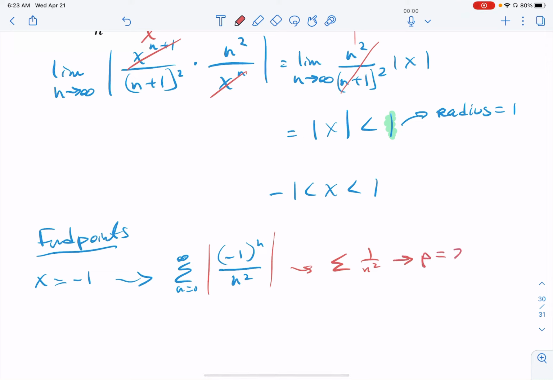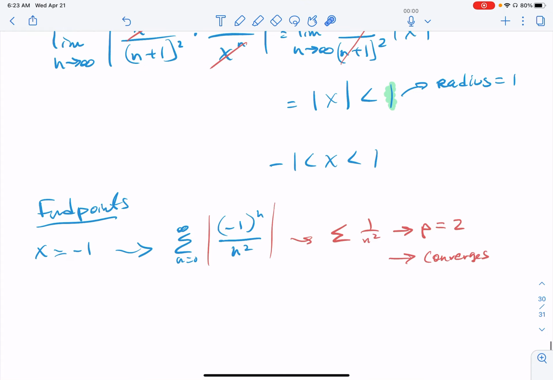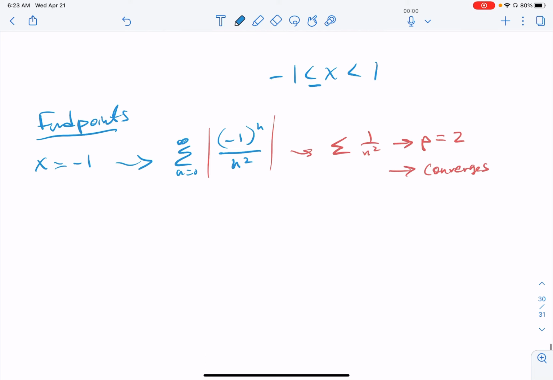P is equal to 2, so this thing converges. And it actually converges absolutely because I took the absolute value of it, which means that the original one also converges. Right? Yeah, I mean, you could apply the alternating series test if you want to, but all this means is we get the left endpoint. Hooray! I wonder if we get the right endpoint.